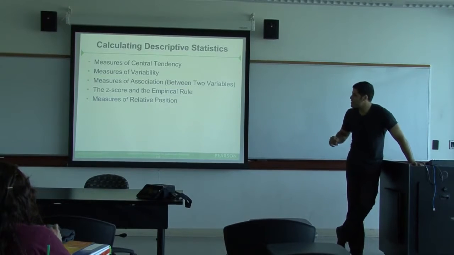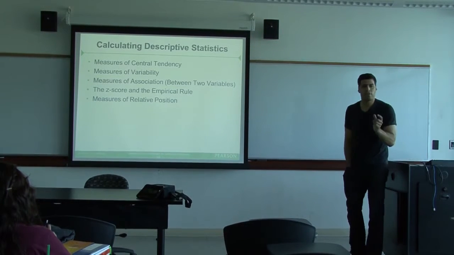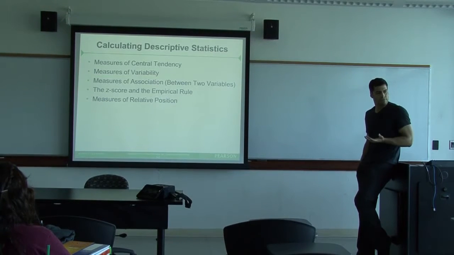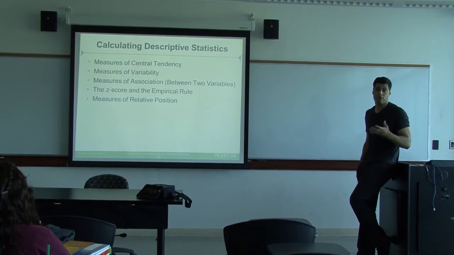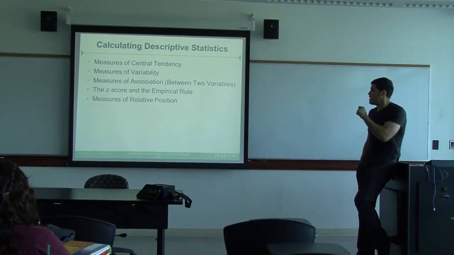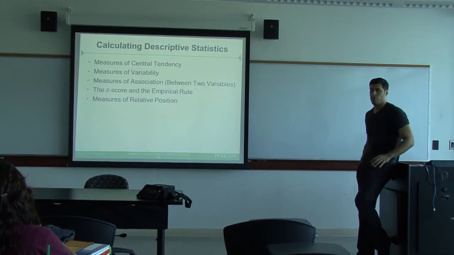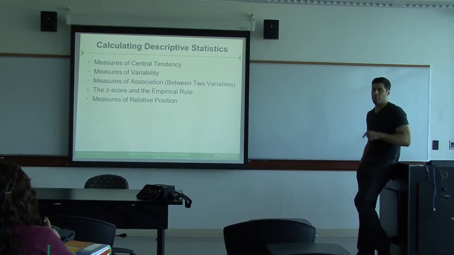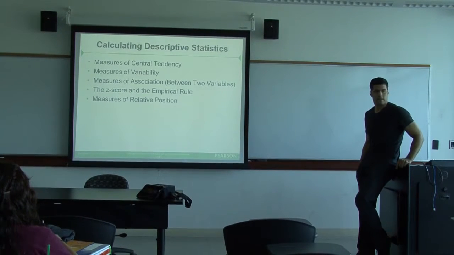Then we get into this thing called the z-score. The z-score is a small little formula that is probably the most important formula in this whole course. It's a very simple formula, so you should be able to remember it, although on the exam you can bring a list of formulas, a cheat sheet. It's maybe the single most important discussion we're going to have, and also a very short one, because we're going to revisit it again in chapter 6, then in chapter 7, and then 8, then 9, then 10.